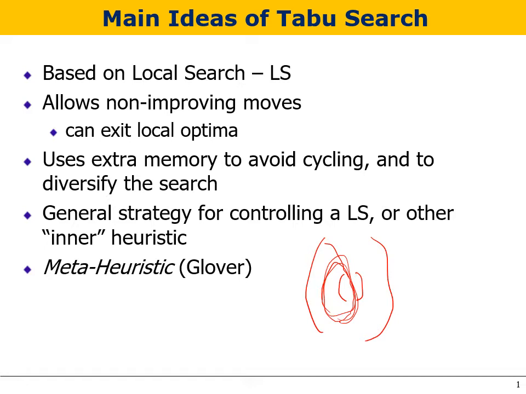So the Tabu search controls the inner heuristic. It is a meta-heuristic algorithm; Glover first developed this method. And this Tabu search algorithm is used extensively in many different situations, in many different problems. If you search for Tabu search in Google, you will get hundreds and thousands of results, academic papers as well.